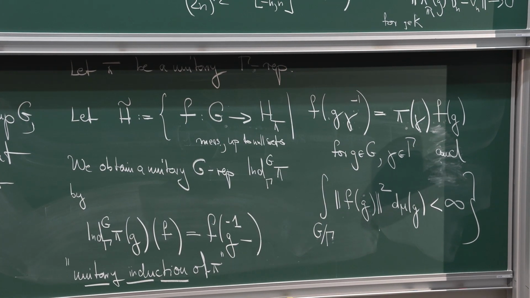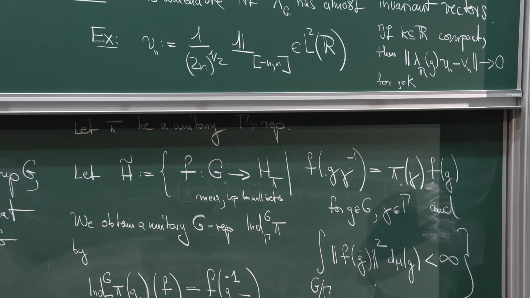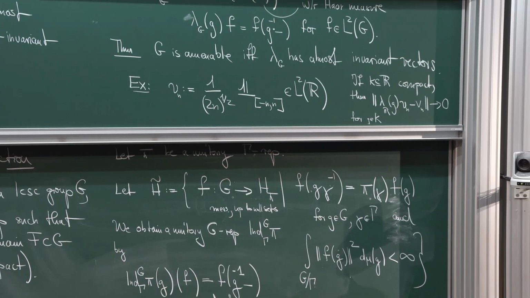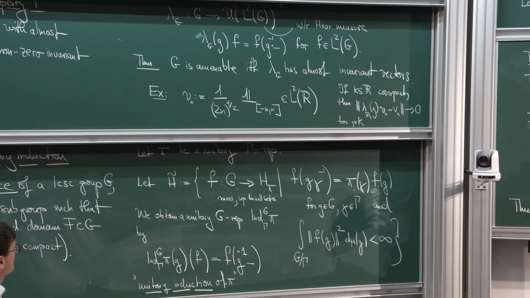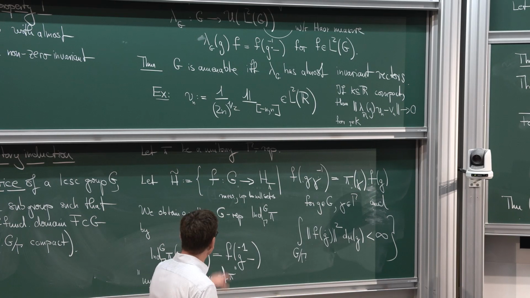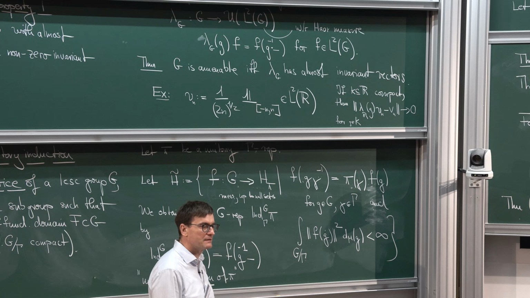You can do this more generally for closed subgroups. Yeah, for closed subgroups. And then here you probably have to twist with the Radon-Nikodym derivative to make it unitary. Maybe you have to write it a bit, but there is a unitary induction for closed subgroups as well.